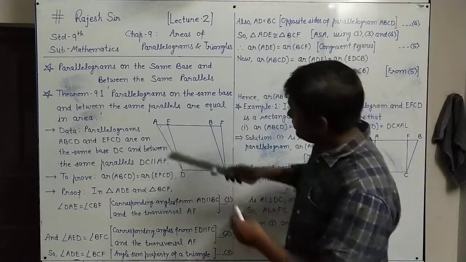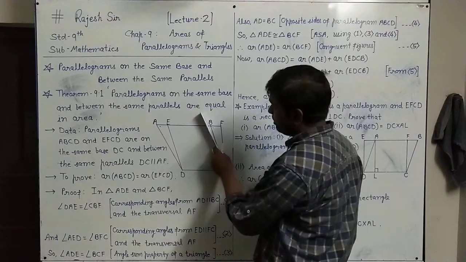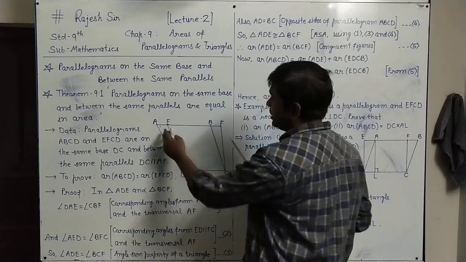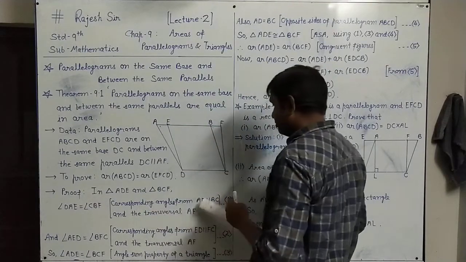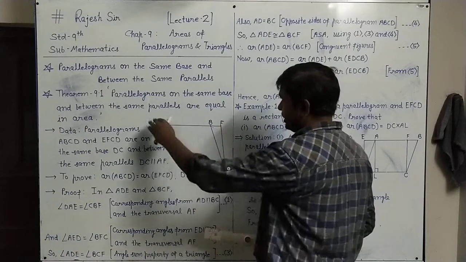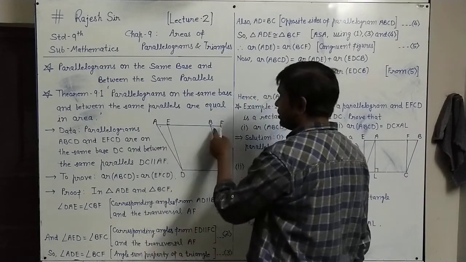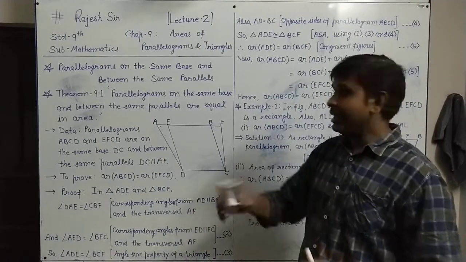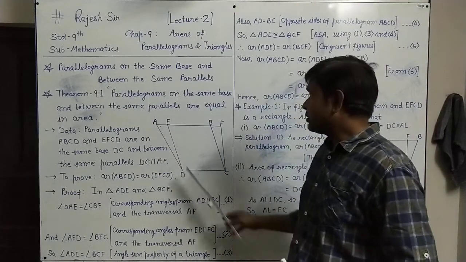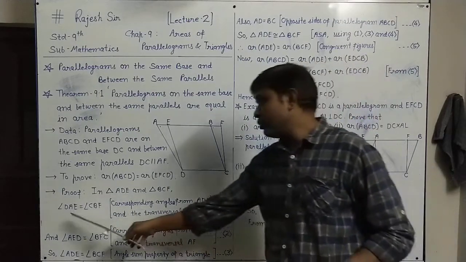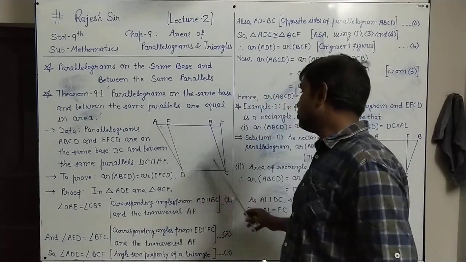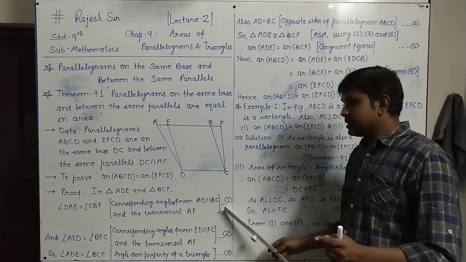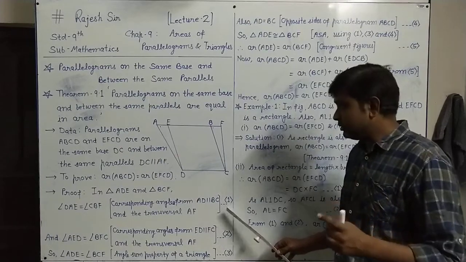If AD and BC are parallel and AF is a transversal, these angles are called corresponding angles, and because they are formed between the two parallel lines, these corresponding angles are equal. We can show angle DAE equals angle CBF. This is the reason. Say this is result 1.